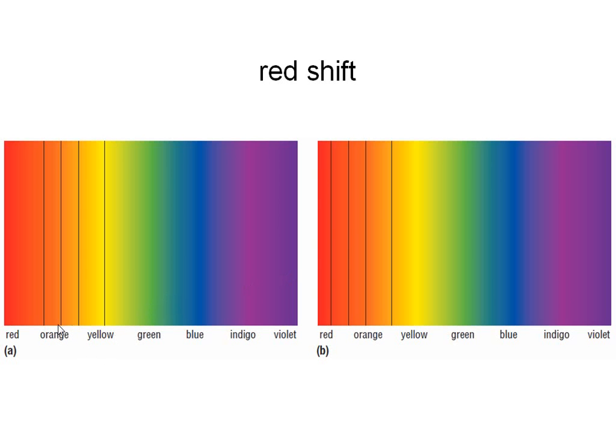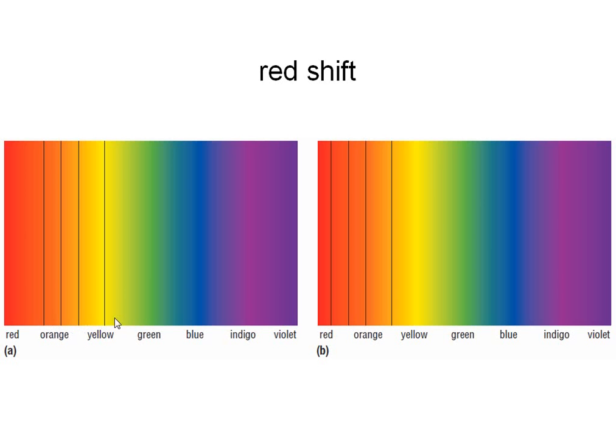So for example, originally, if you measure the light emitted by a certain element, then you see such 4 lines of color, or say 4 different wavelengths.